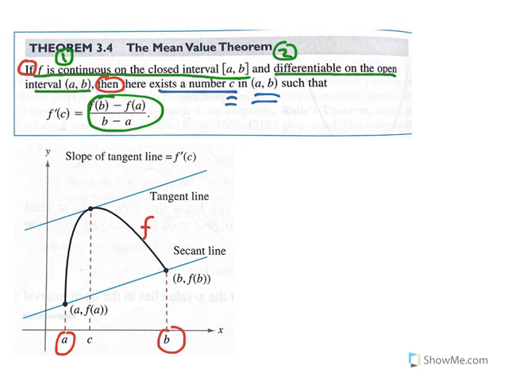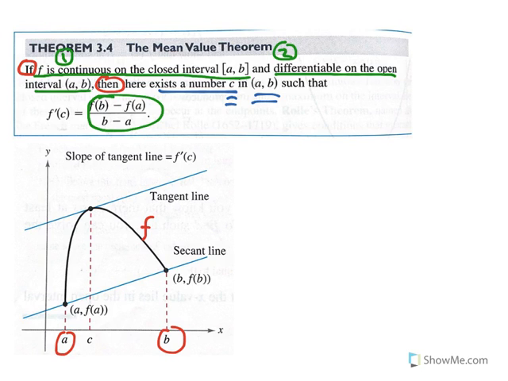So we do have a function that's continuous on the closed interval from a to b, and the curve represents a function that is also differentiable on the open interval from a to b. One thing you might remember from calculus AB about differentiability is that if the graph of a function has a sharp corner or a cusp at a particular x value, the function is not differentiable at that x value.